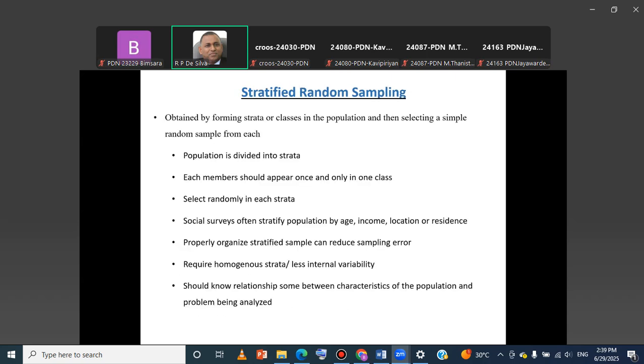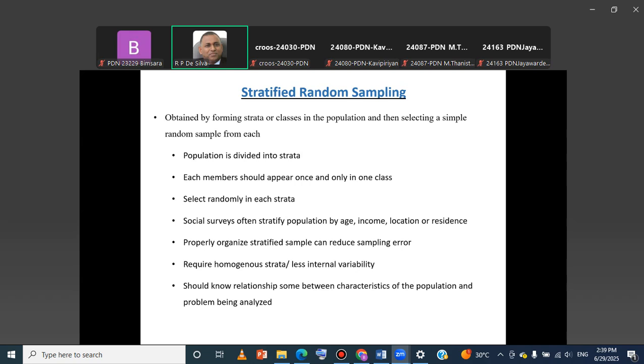So we go to the next one. Next one is called a stratified random sampling. So again, the first one is total random sampling. Second one is systematic random sampling.